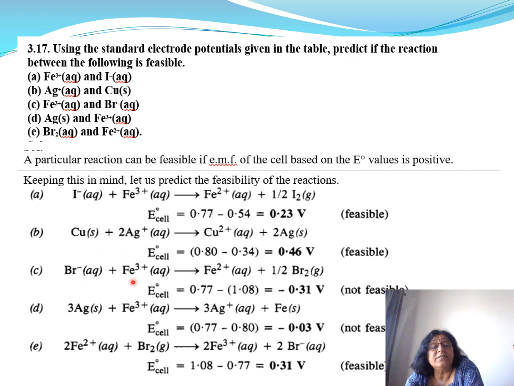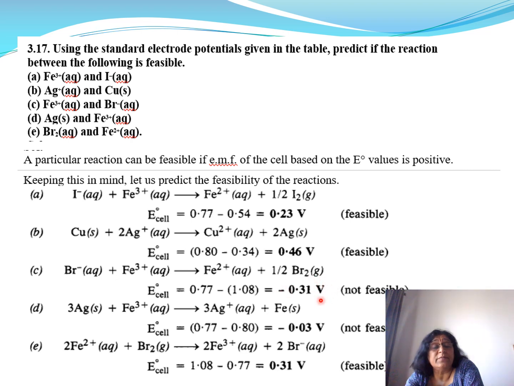Then bromide plus Fe3 plus gives you Fe2 plus plus half bromine. So here bromine is getting oxidized and Fe3 plus is getting reduced. So 0.77 minus 1.08, cathode minus anode. That means minus 0.31 volts. So this is not positive.